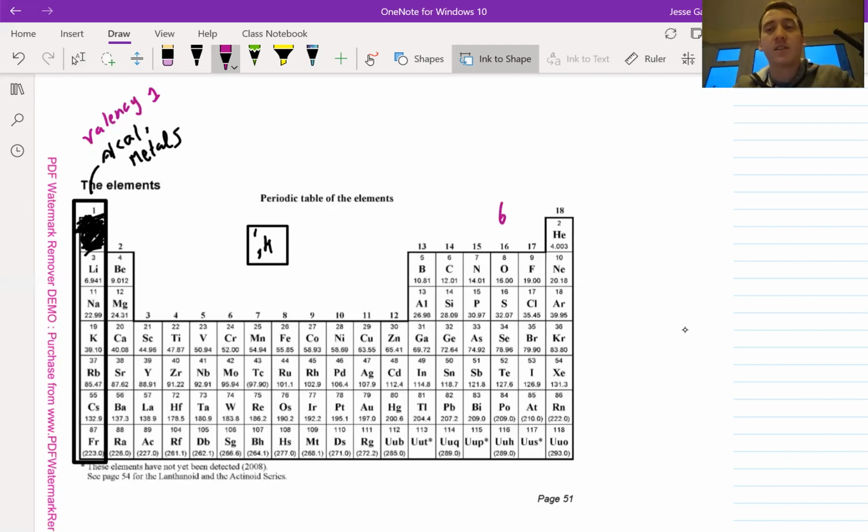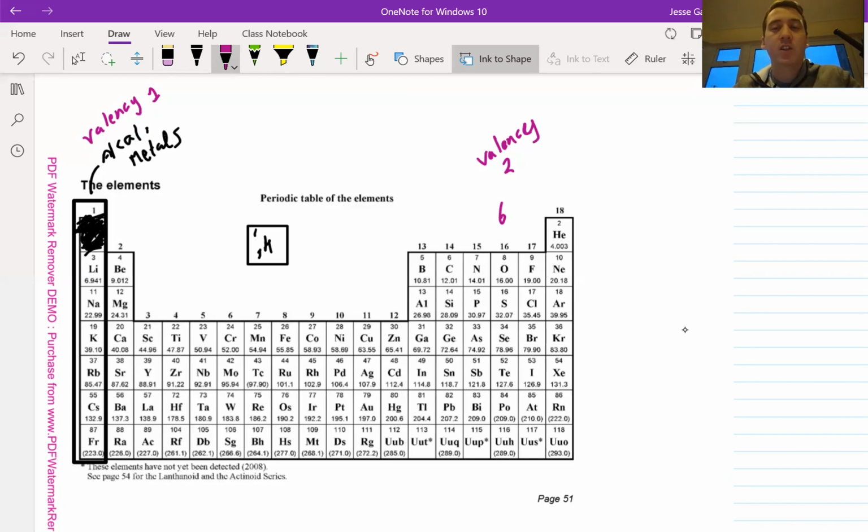That means it's got 6 electrons in its outer shell. It would like to take 2 electrons so that it can be like neon and have a full outer shell. That means its valency is 2 because it wants to get 2. So it wants to take 2 and sodium can give 1.